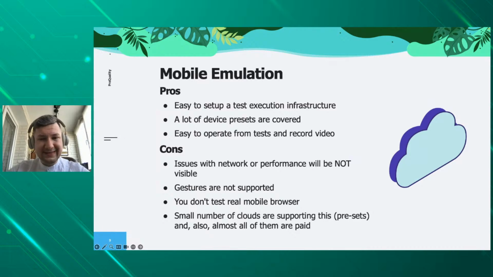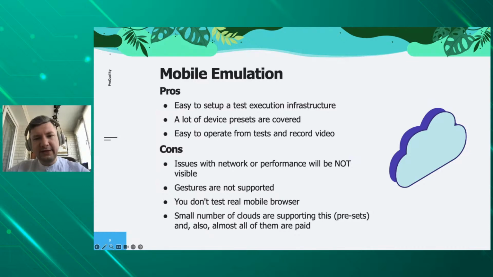But the sad fact is that it is almost not related to mobile. So yes, you have a similar screen size and maybe user agent, but everything else is not available. And it extremely increases the risk that one day your CEO will come and say, why I cannot open some page on my iPad?